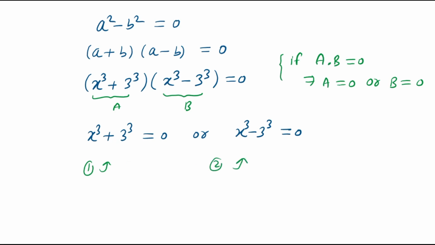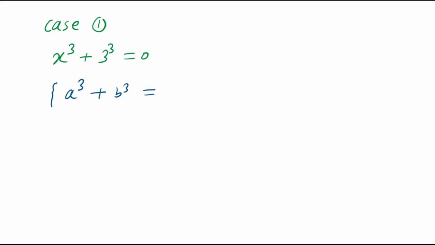Now solve case first. Case first is x^3 + 3^3 = 0. We know that a^3 + b^3 equals (a + b) multiplied by (a^2 - ab + b^2).